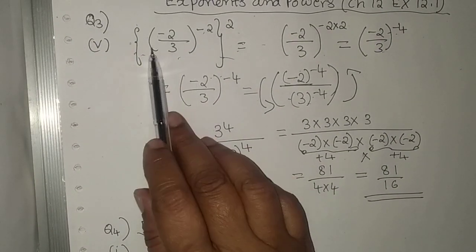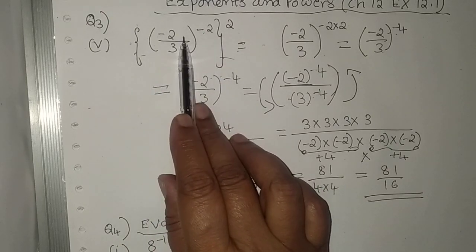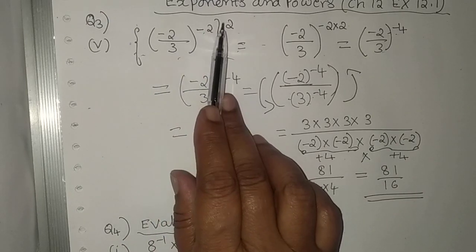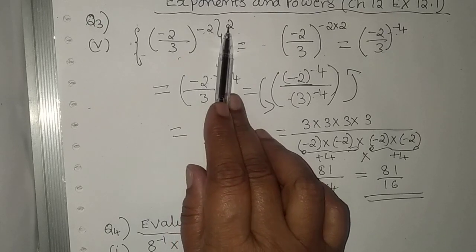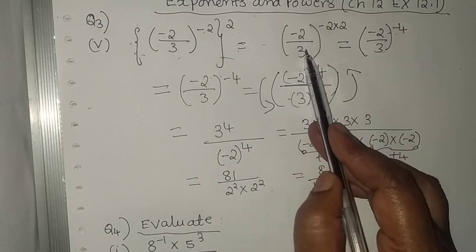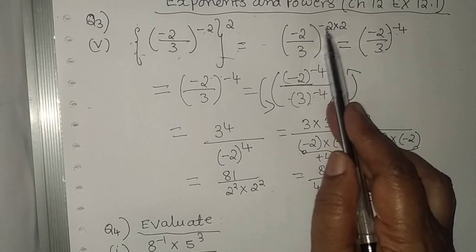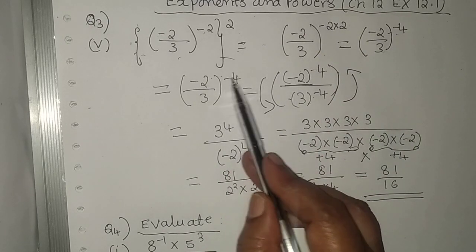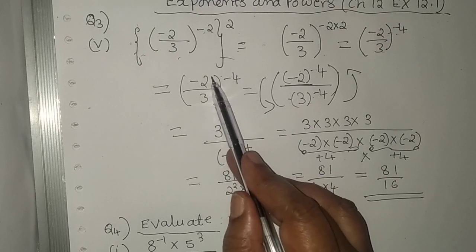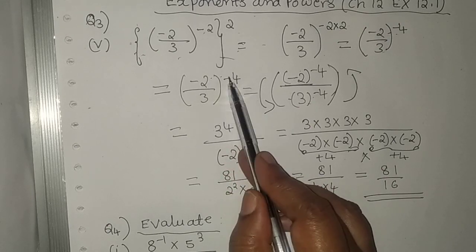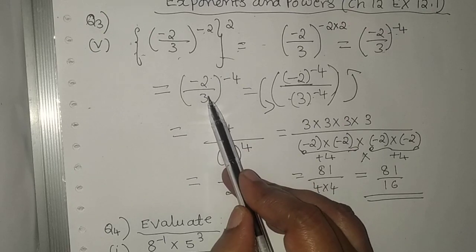So firstly what we have to do, we have 2 brackets here. First remove the outer bracket, then bring 2 inside, then multiply these 2, then this remains as it is, then it will become minus 4. After this multiply these 2 to get minus 4, then bring this to each number, therefore to numerator and denominator.